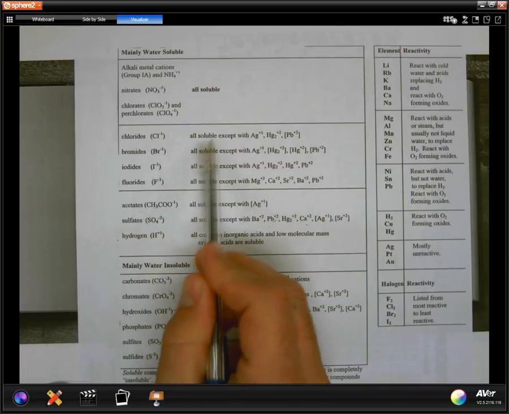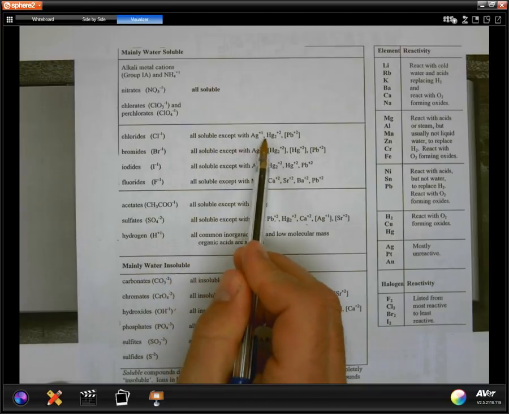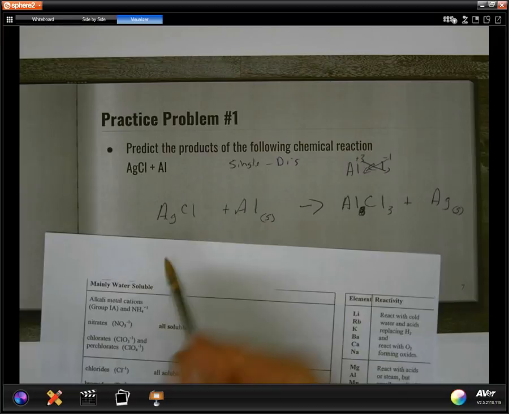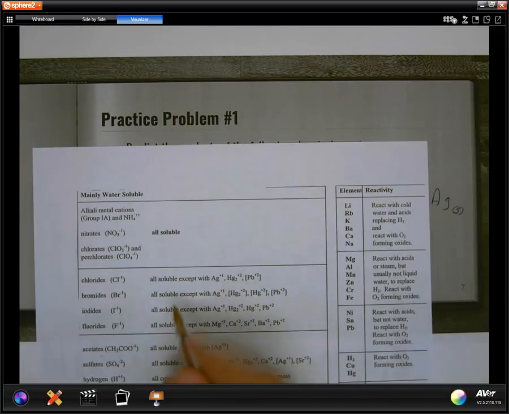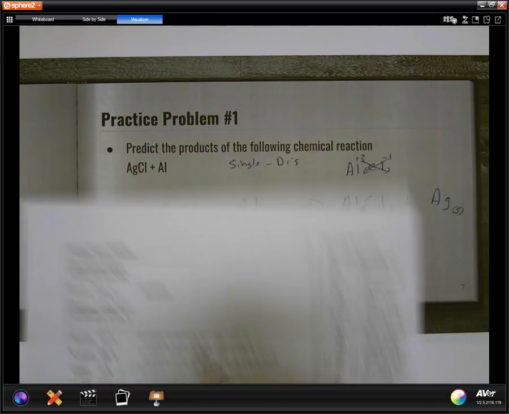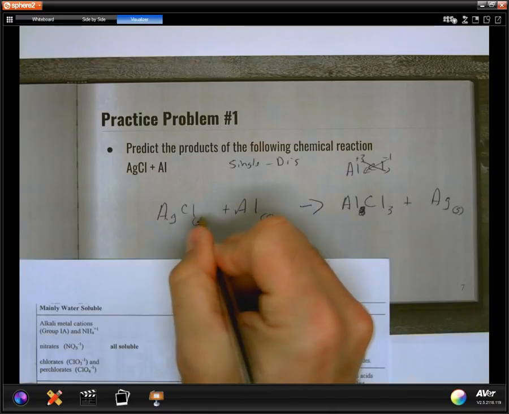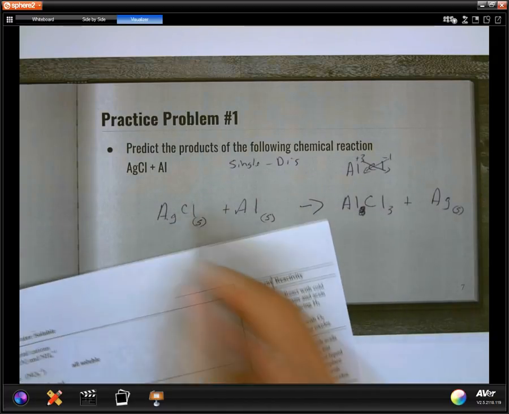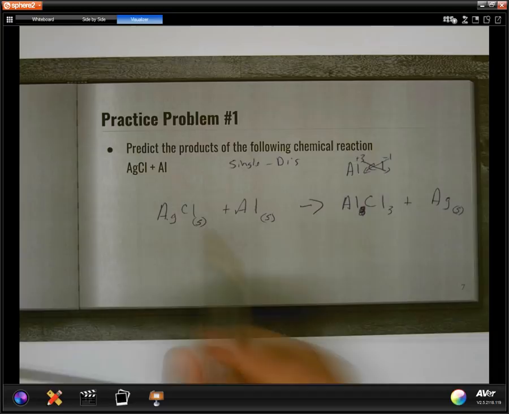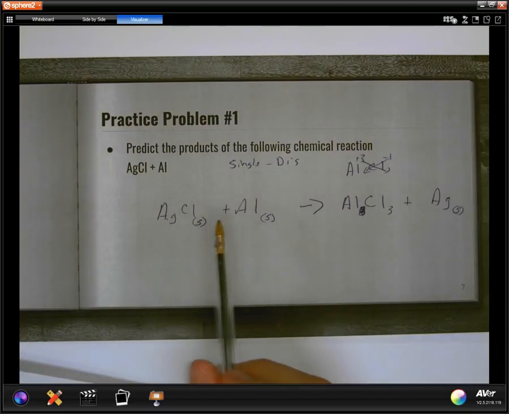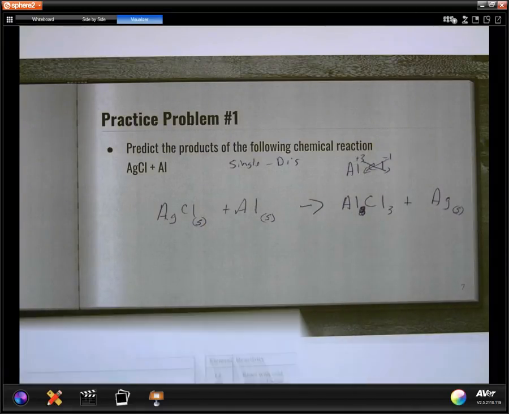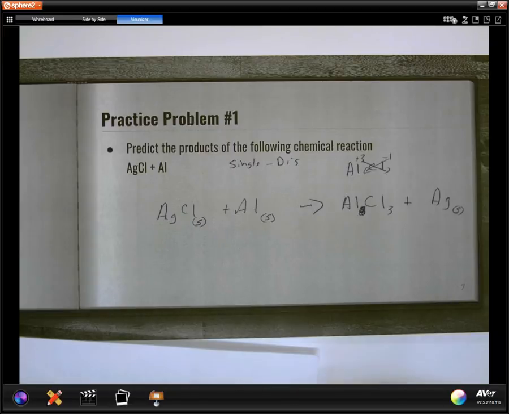They will all be aqueous unless it's with any of these elements. And since I see silver is on this list here, I'm going to write him as a solid. So silver chloride at normal temperatures, and since I didn't give you any information, understand it's at room temperature, will be a solid in water.